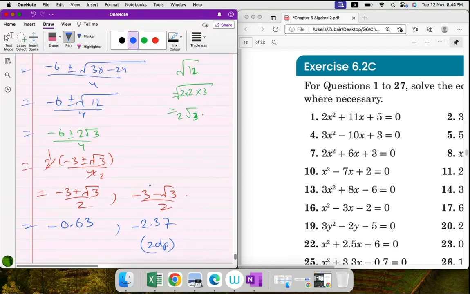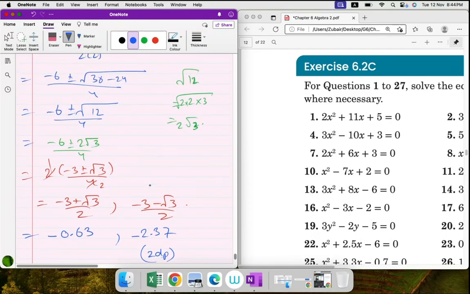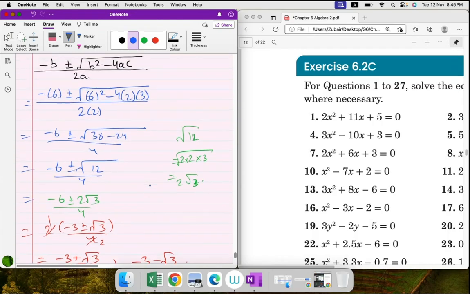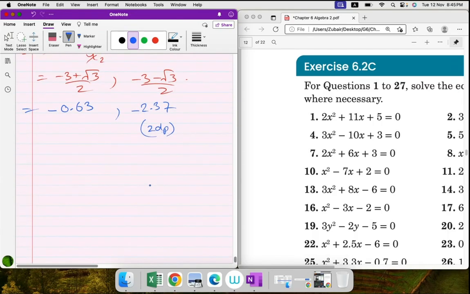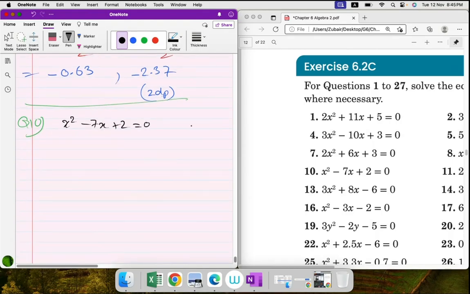Are you getting the same answers? Yes, sir. This was 7. Let's try 10. X square minus 7x plus 2 is equal to 0. I'm not writing the formula for now.